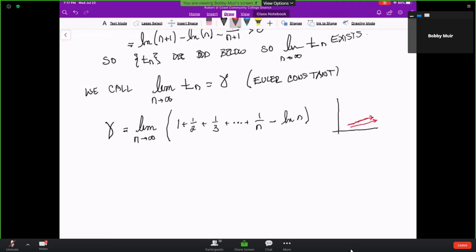So the harmonic function and the logarithm seem to have some kind of a connection. All right, so that's the Euler constant. Now we need to figure out what that thing adds up to. So now we're in step 2.